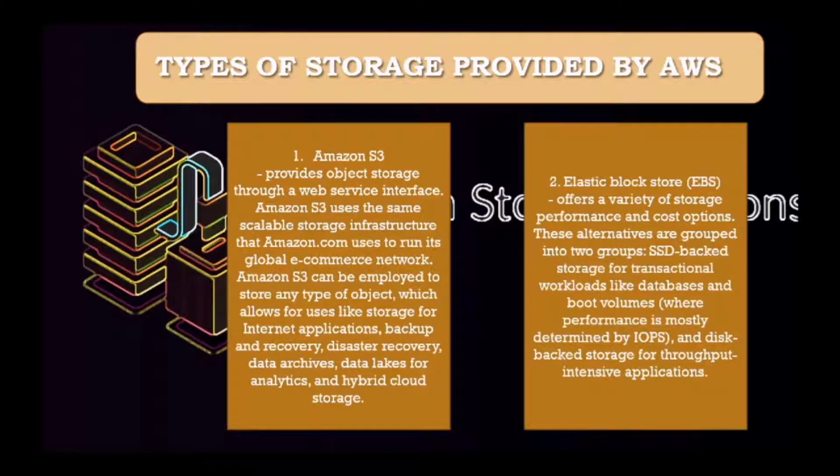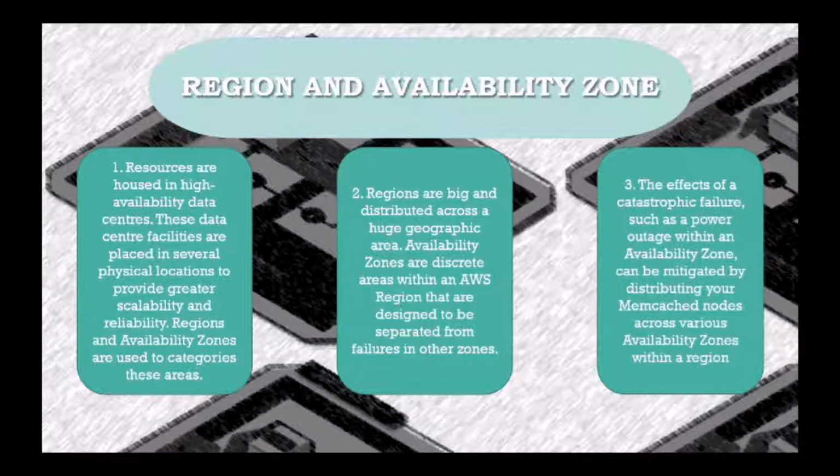Second is Amazon S3 Standard-IA, infrequent access. The third one is Amazon S3 One Zone infrequent access, and the last one is Amazon Glacier. There are 4 different storage classes of Amazon S3.